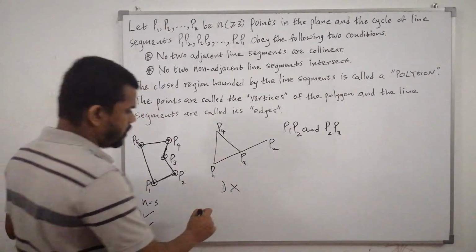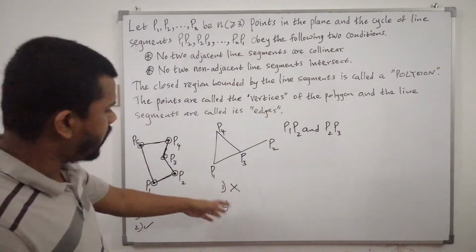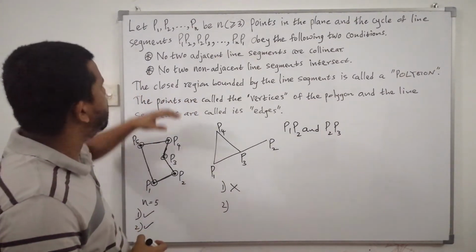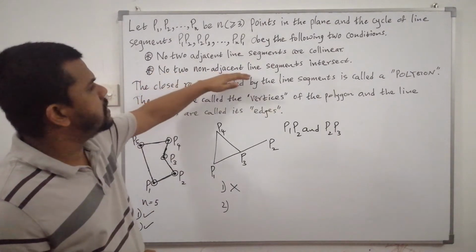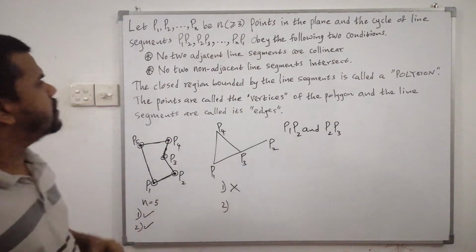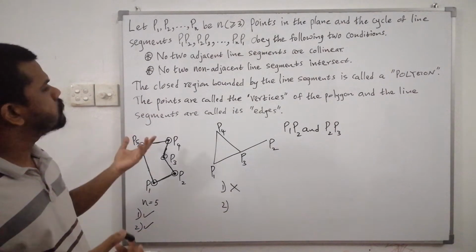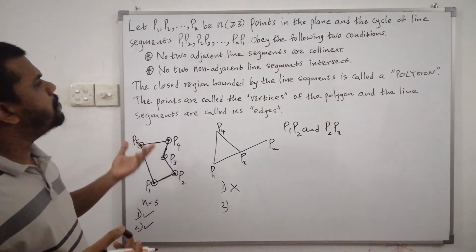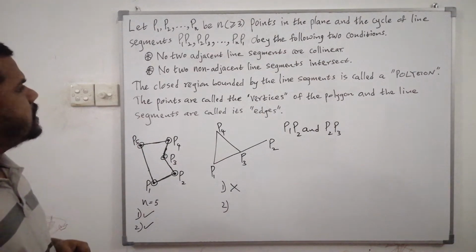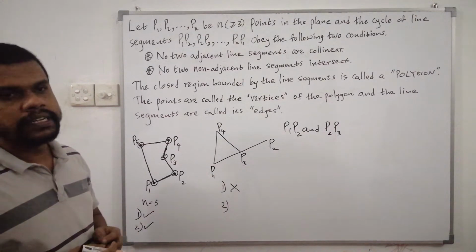Okay, so let's look at the second condition as well. No two non-adjacent line segments intersect. That means any pair of non-adjacent line segments must not intersect.